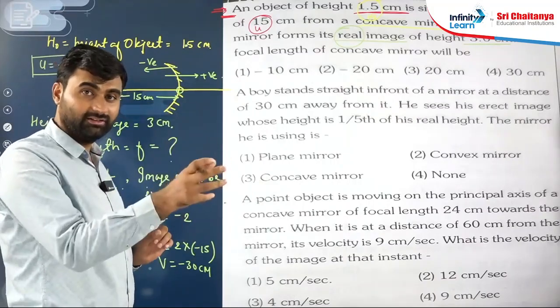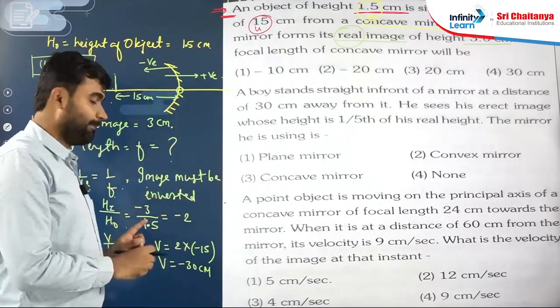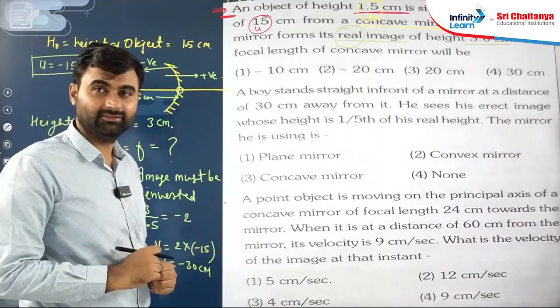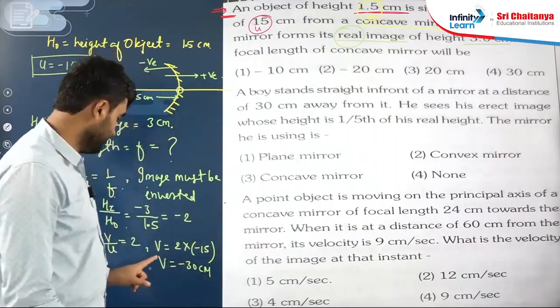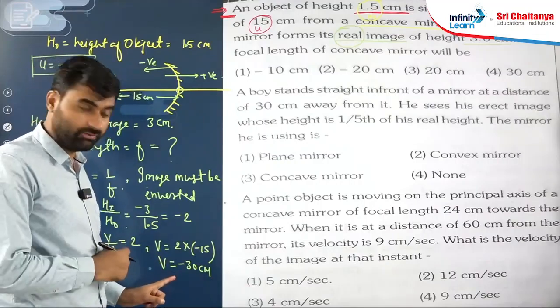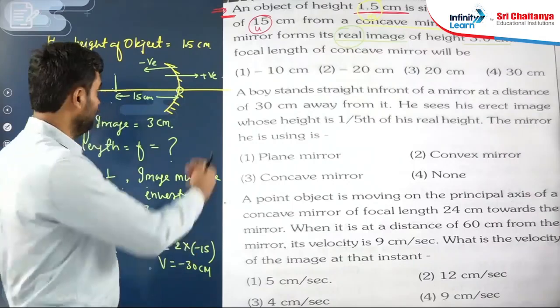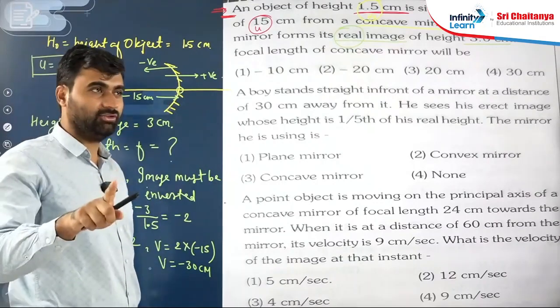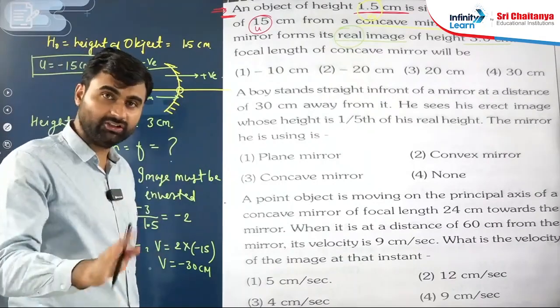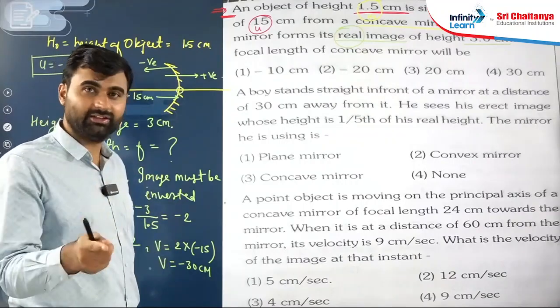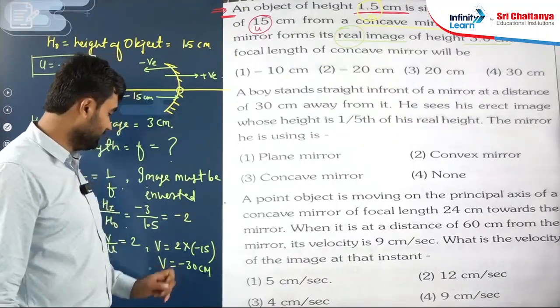You will get the unknown quantity finally with sign. By default you will get it with sign. So we are getting this v value with sign, minus 30, and we know it is negative because the image is on this side. Right or not? So the formula will eventually give the final value of the unknown quantity with sign. No need to use sign here. Okay.